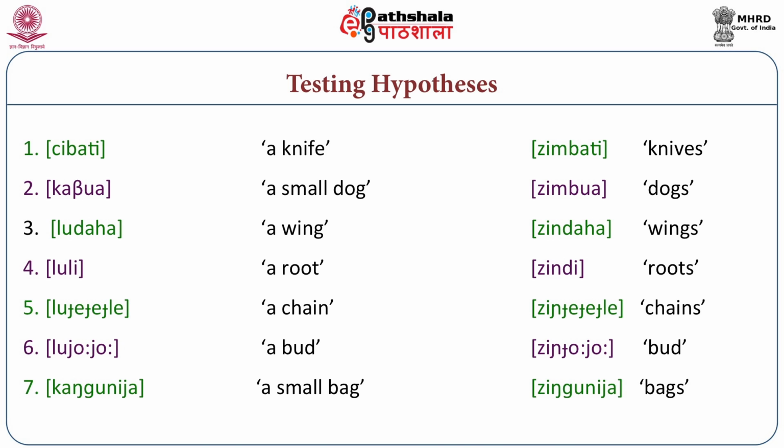You will notice that the form for the singular morpheme is variant, that is, we have chi, ka, lu. The form for the plural morpheme is more or less consistent, in the sense that the plural morpheme begins with z, followed by the vowel e, and then we have four nasals, namely ma, na, nya, and nga.